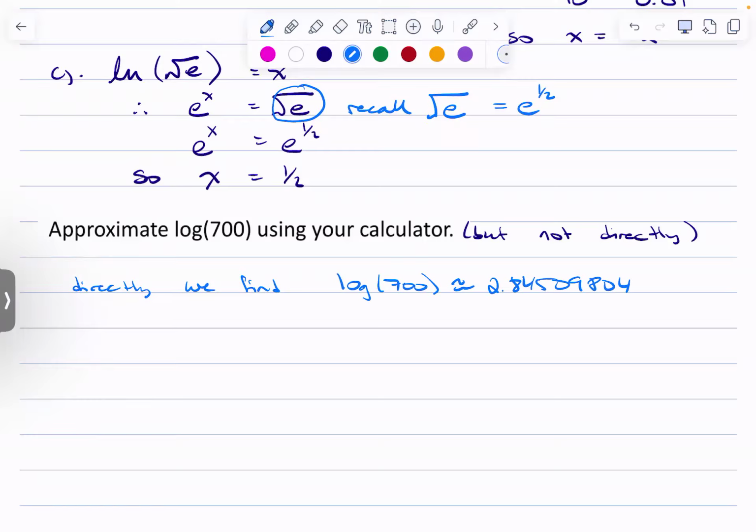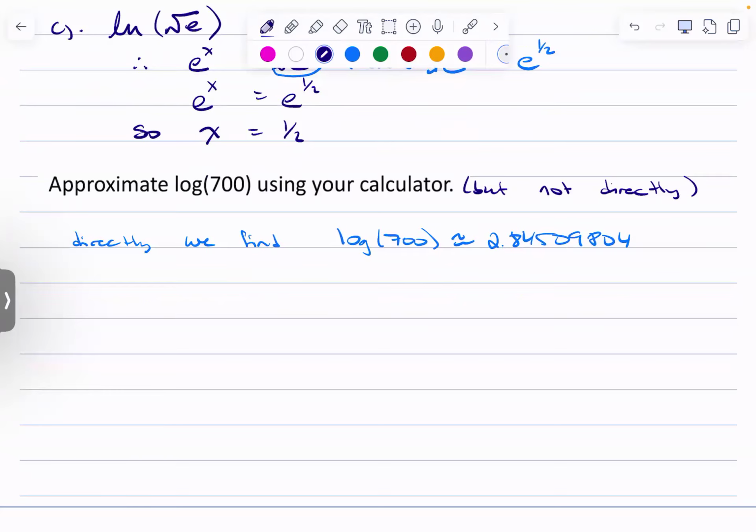But what it wants you to do is say, okay, well, we can rewrite this as an exponential function.